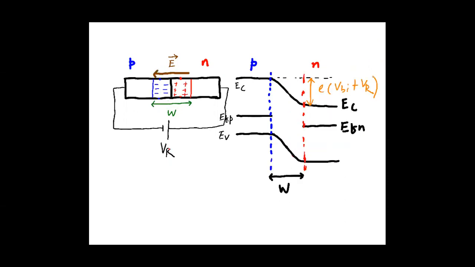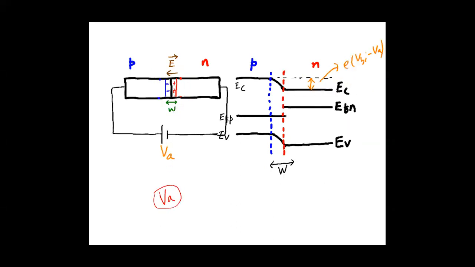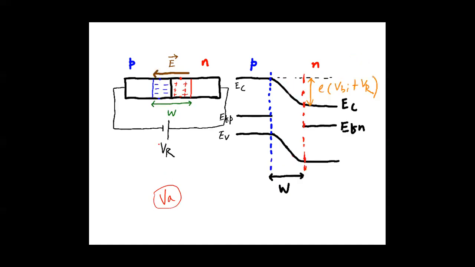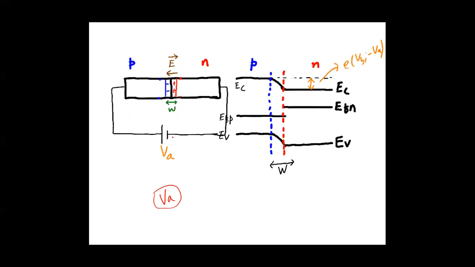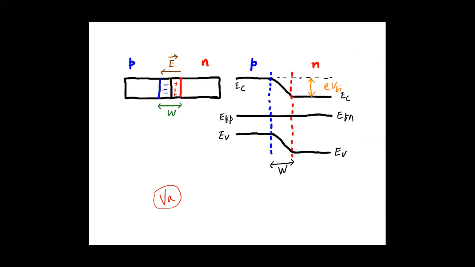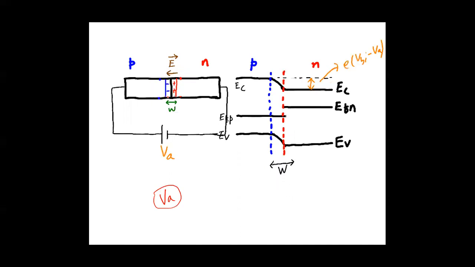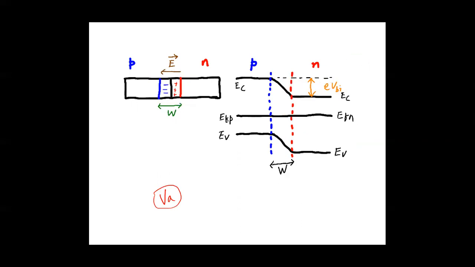When the voltage given is VA, a forward bias voltage, we know that the positive terminal of the battery is connected to the P region, and the negative terminal of the battery is connected to the N region. So you can see the space charge width decreases because the diffusion of the electrons and holes from the N region and the P region will increase.